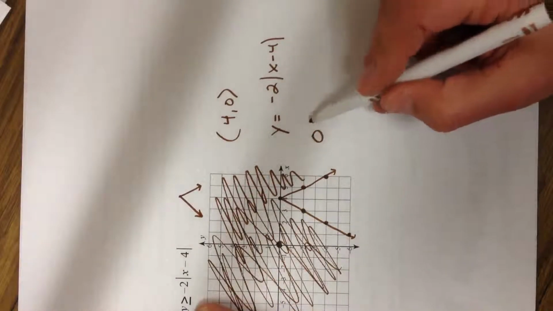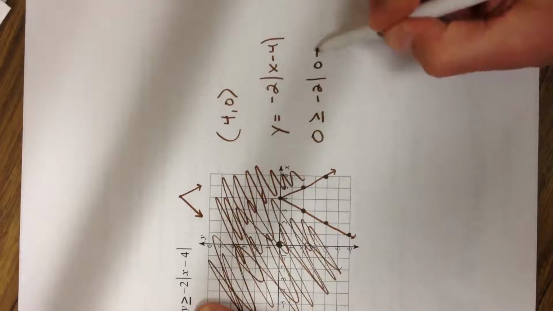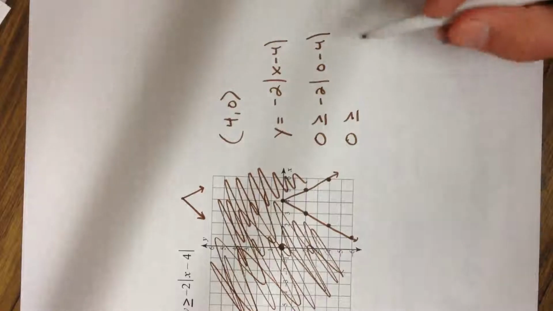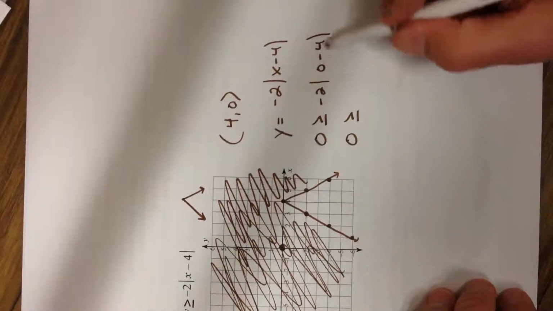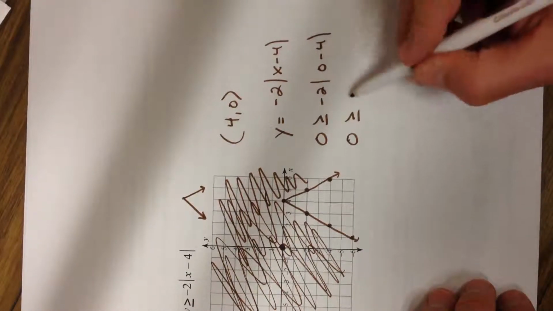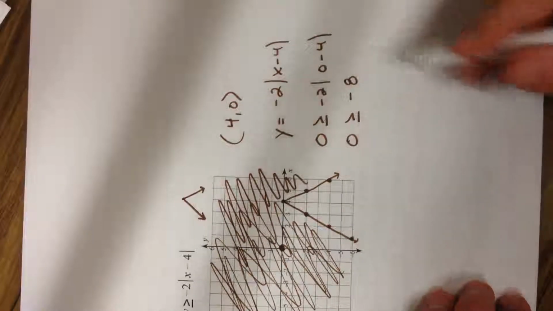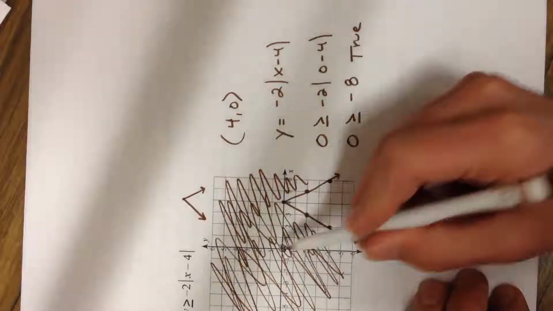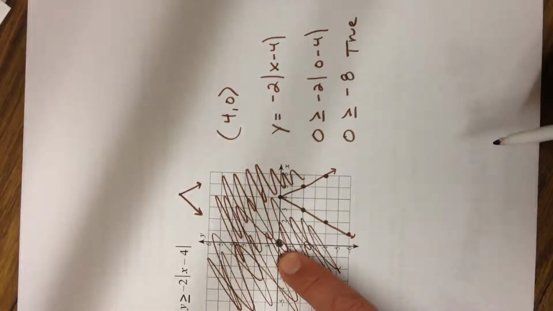Plug in 0 for y, plug in 0 for x, and I get this statement that 0 is greater than or equal to -2 times the absolute value of -4, which is 4. So 0 is greater than -8. So that came out true, and it should have, because 0, 0 is sitting within the shaded region.